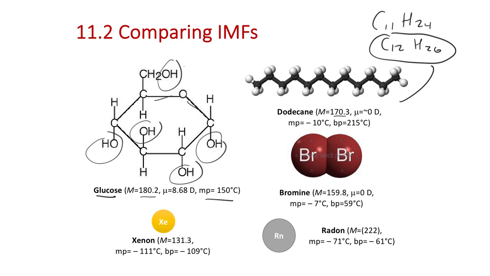And so dodecane, with that molar mass, even though it only has dispersion forces because it's a nonpolar compound, it's nonpolar for two key reasons. The C-H bond's not very electronegative, and also all the bonds are kind of opposing each other. And the molecule ends up with essentially a zero dipole moment, whereas look at the dipole moment, the polarity of glucose is really big.